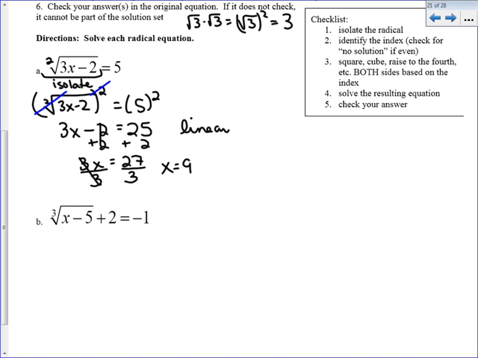But one of the things about radical equations is they can sneak in a no solution even though it looks like we can solve it. So on all of these problems, we've solved the resulting equation. We have to check our answers. So we think our answer is x equals 9.